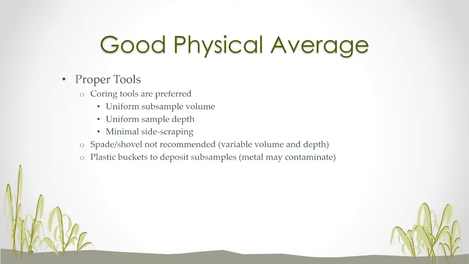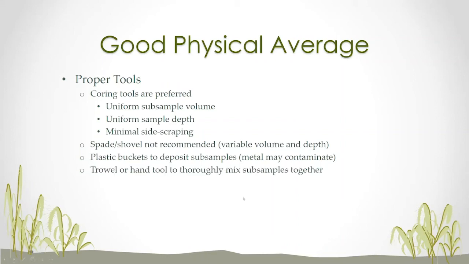We want to be careful of metal buckets that we might be using, particularly galvanized metal buckets, which is not uncommon in a field situation or a farm location. Galvanization coatings, nickel and zinc and others that are used, are potentially contaminating to the samples. So plastic buckets are really recommended for that.